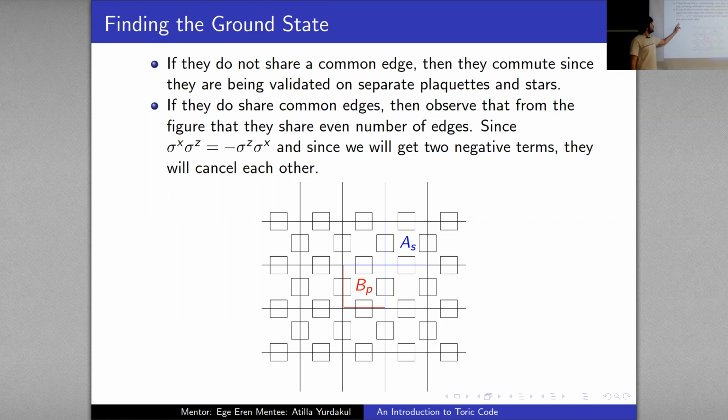Also observe that sigma x times sigma z equals minus sigma z times sigma x, so they anti-commute. But since they intersect at an even number of edges, the minus will disappear.